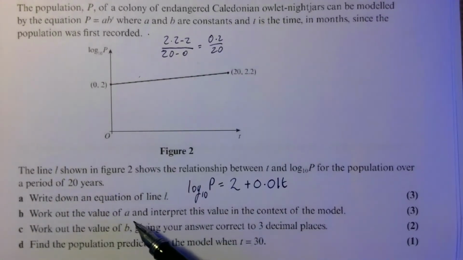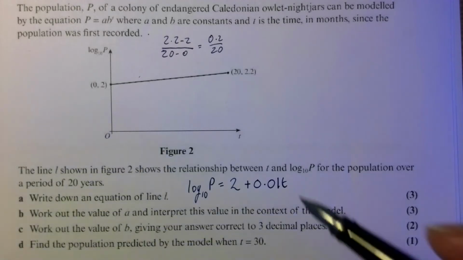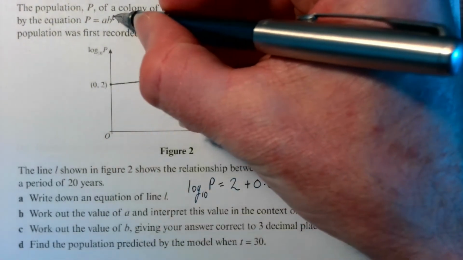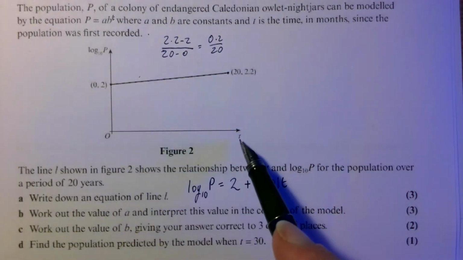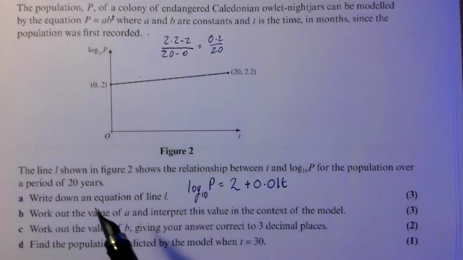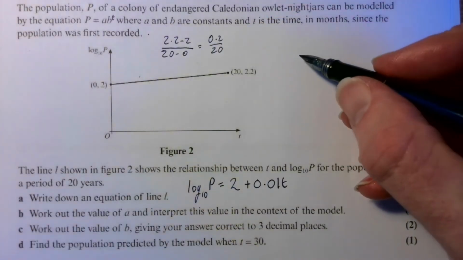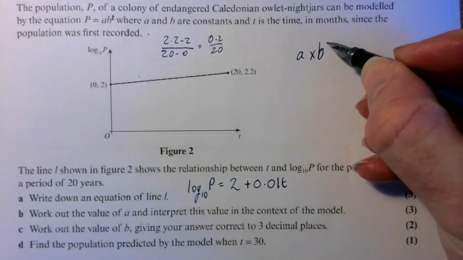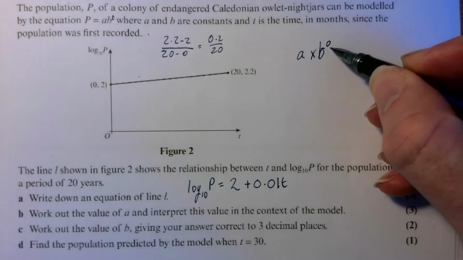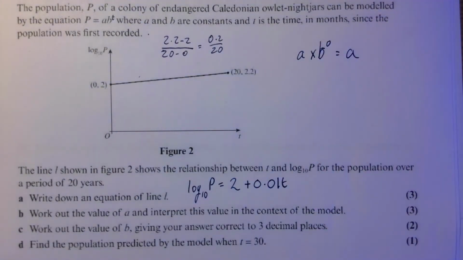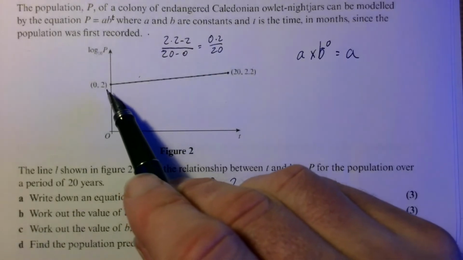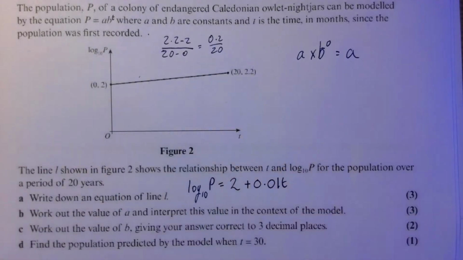Now, the value of a. Now this is the little clever bit here, where you're thinking that to the power of t, at the beginning, what is the time? The time is 0. And a times whatever b is to the power of 0 will just be a, won't it? Because b will be 1. So a is going to be represented by this 2 at the beginning.